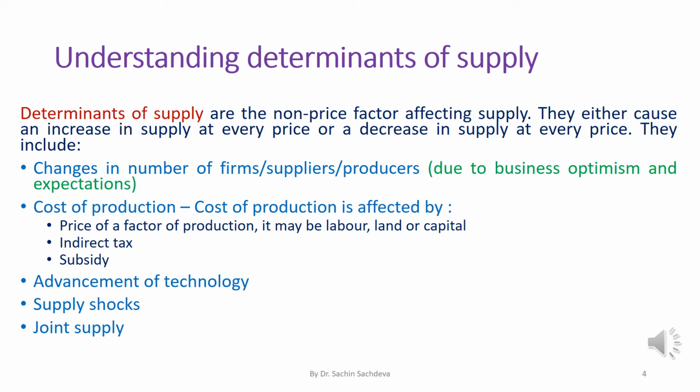If the government provides a subsidy, a subsidy means a grant given by the government to the producer, and the main aim of a subsidy is to enable the producer to produce more, because part of the cost of production is now contributed by the government as financial assistance. So if the government provides a subsidy, the cost of production is going to go down.